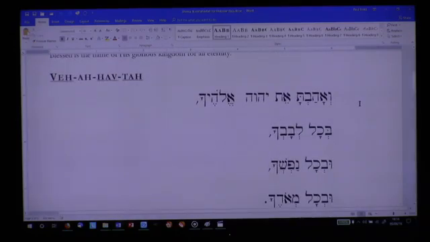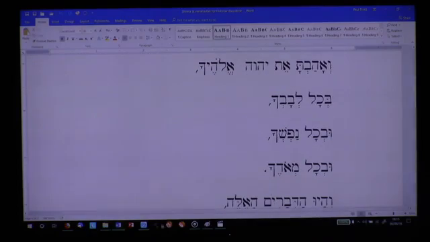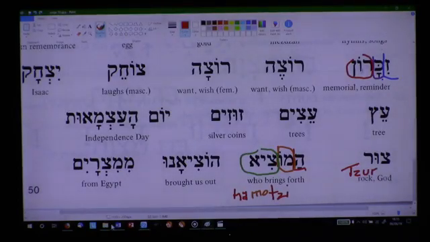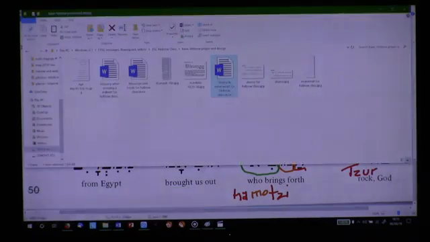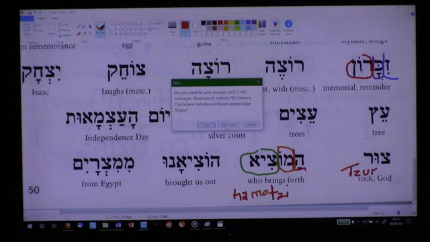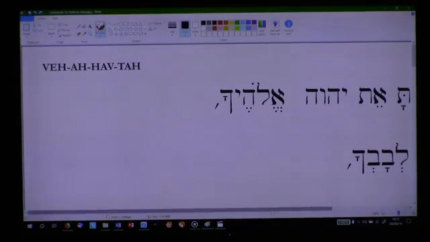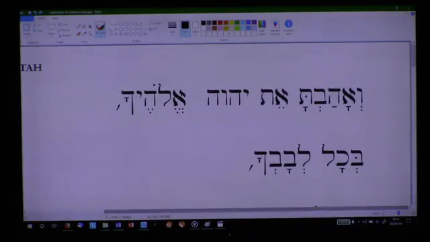This did not come out as well as I had hoped for this. Oh, wait a minute. I know what I can do. I'll pull this up, and I don't know how well this is going to work. Okay. This is the Ve'ahavta.